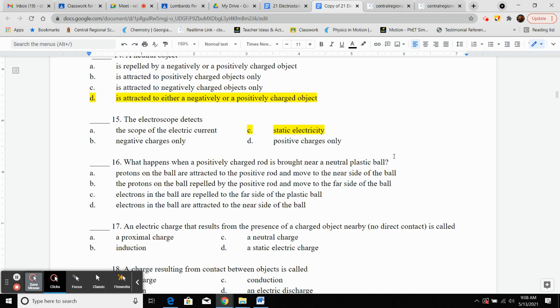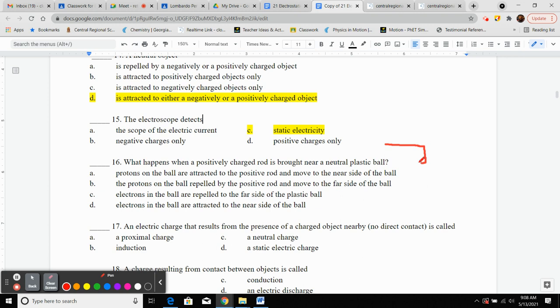What happens when a positively charged rod is brought near a neutral plastic ball? So, on the test tomorrow, I would suggest having a piece of scrap paper out. And this one may just be easier to draw out.